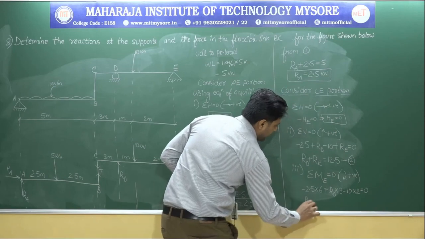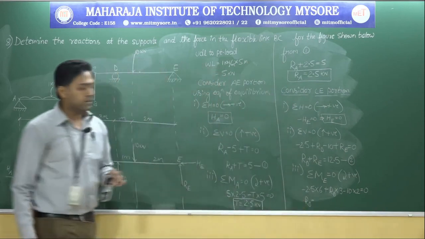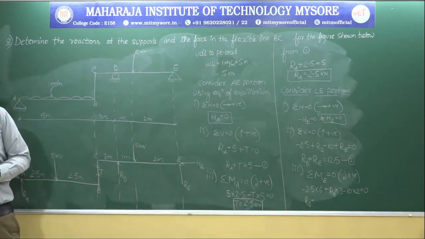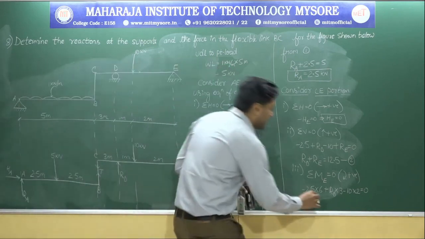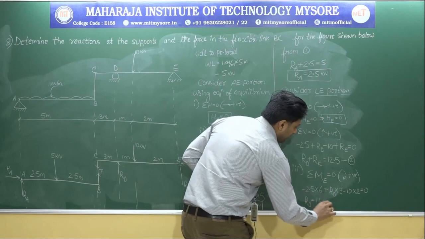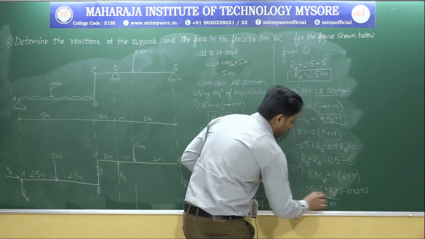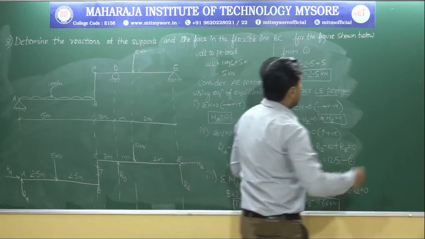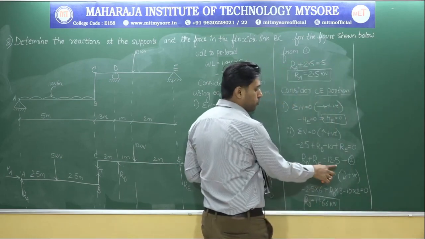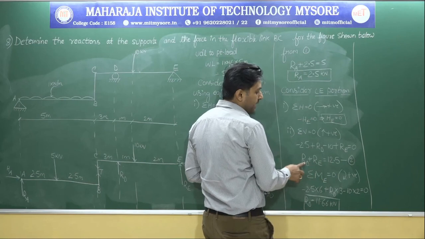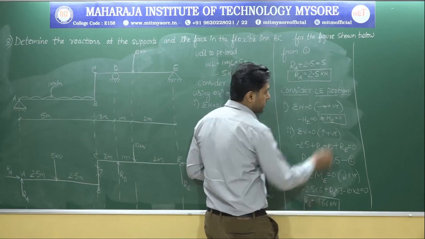Then the value of RD after solving. So what is the value of RD? The value of RD is 11.66 kilonewton. Now if I substitute this particular RD value in equation 2, what will happen? RD value I know, it's 11.66.